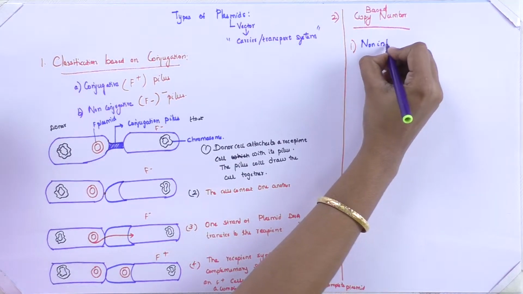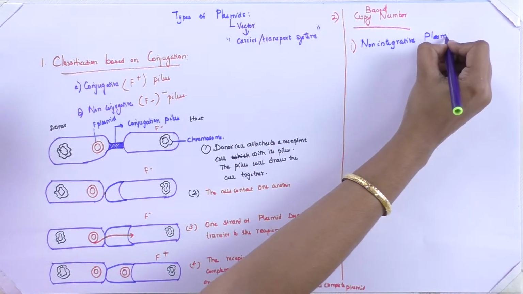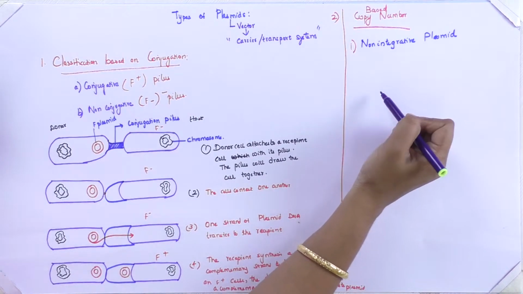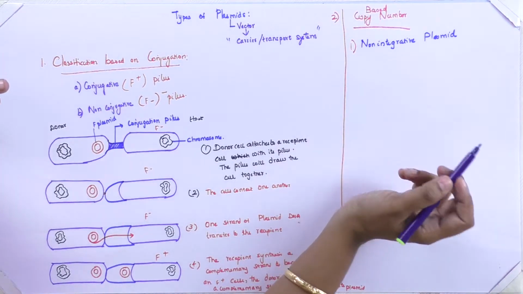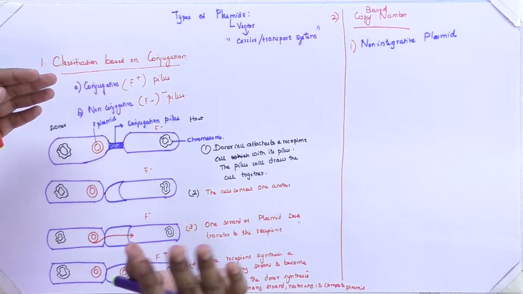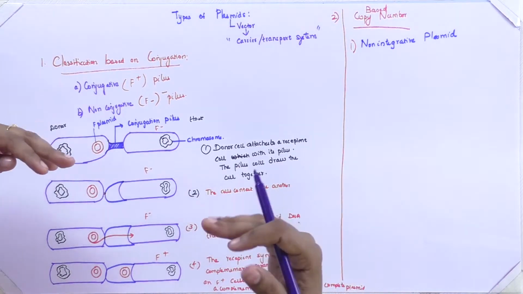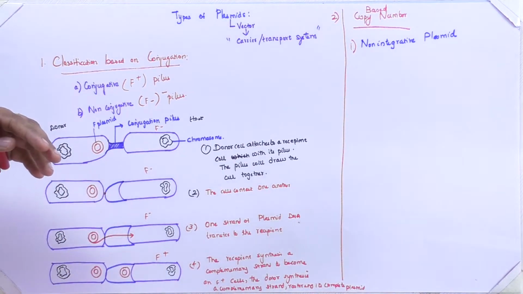Under non-integrative and integrative types: in non-integrative replication, the plasmid gets moved from the donor into the host cell, where the plasmid gets replicated and produces a number of copies of plasmid. But in an integrative plasmid, the plasmid enters the host and integrates with the chromosome present within the host cell. That's why it is known as an integrative plasmid.